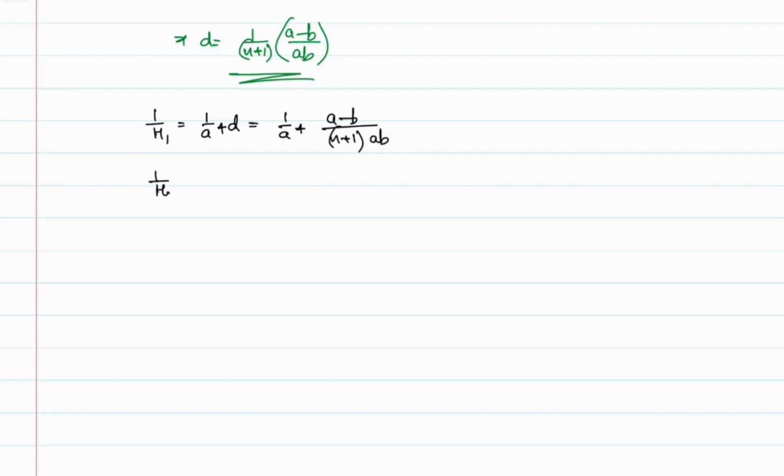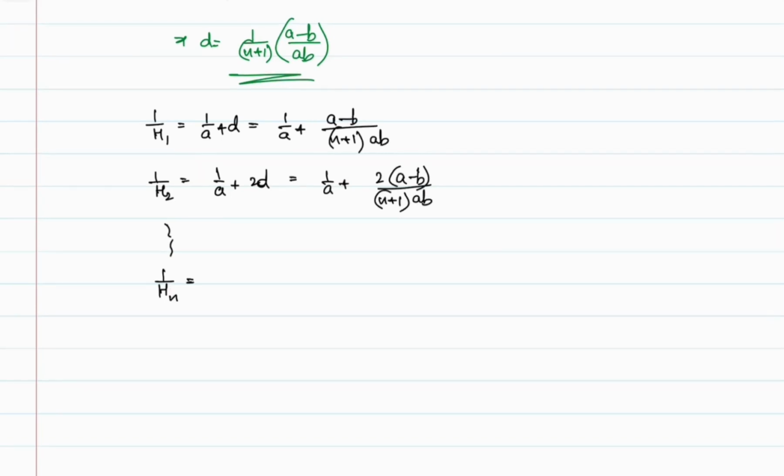And similarly 1 by h2 will be equal to 1 by a plus 2d, that will be equal to 1 by a plus 2 times a minus b by n plus 1 into ab. And so on up to 1 by hn, which will be equal to 1 by a plus n into d, that will be equal to 1 by a plus n into a minus b by n plus 1 into ab.